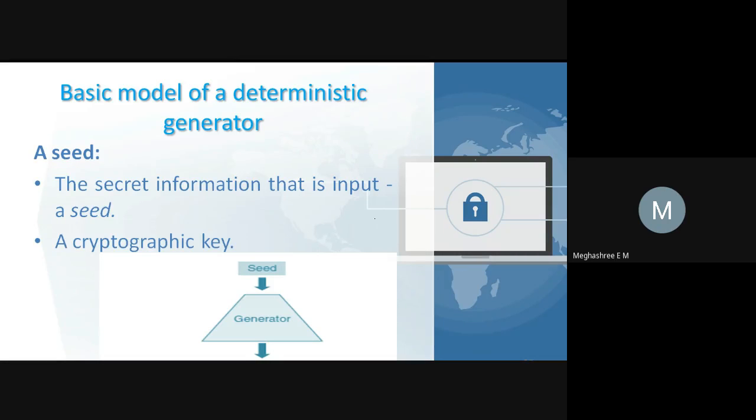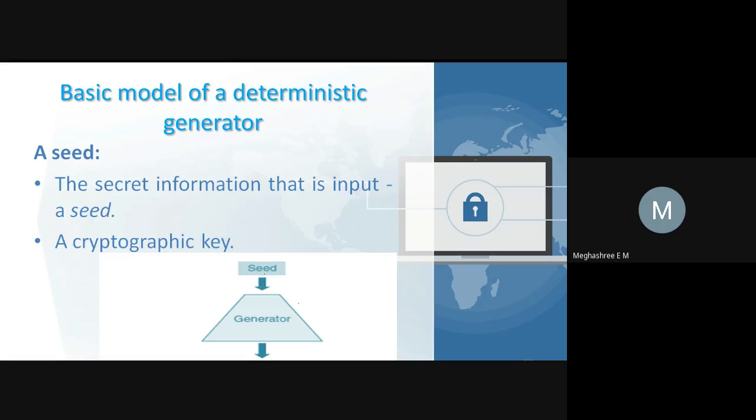If you insert a 3-digit value as a seed to the deterministic generator, then that will give you 1,000 different random numbers. So that's why whatever input you give to this generator, the seed, should be kept secret.